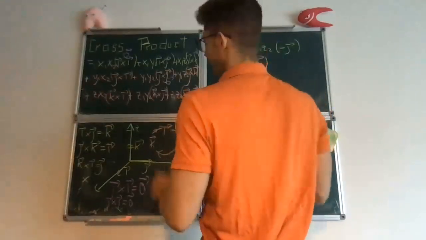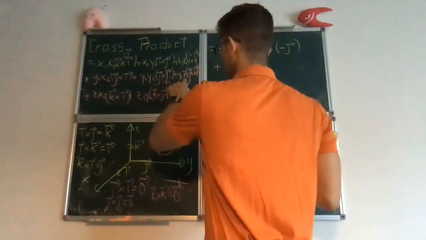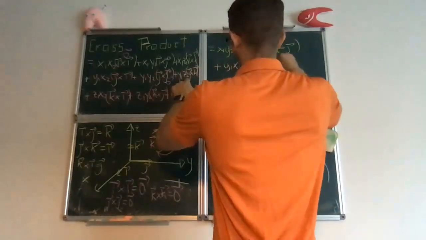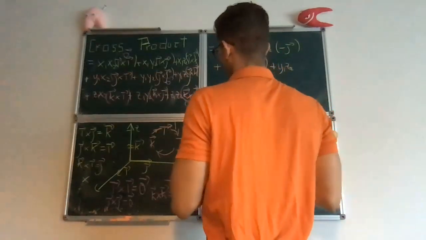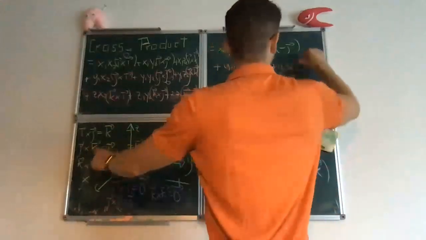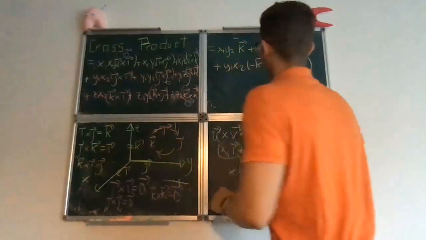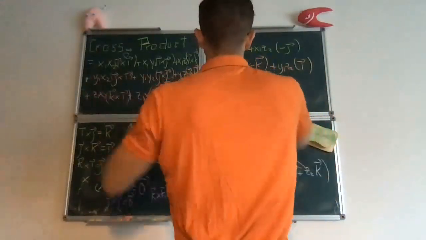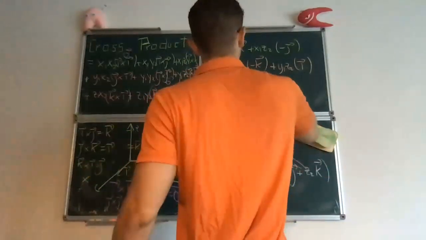And then this is the same as plus y1 z2 j cross k. j cross k does appear. z1 x2 k cross i equals j.